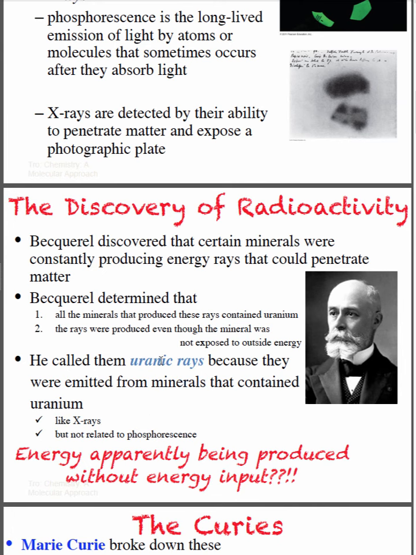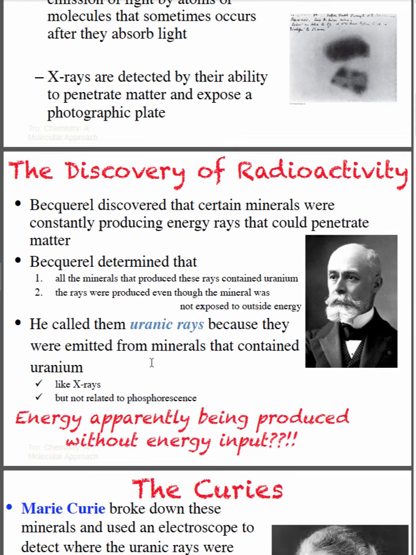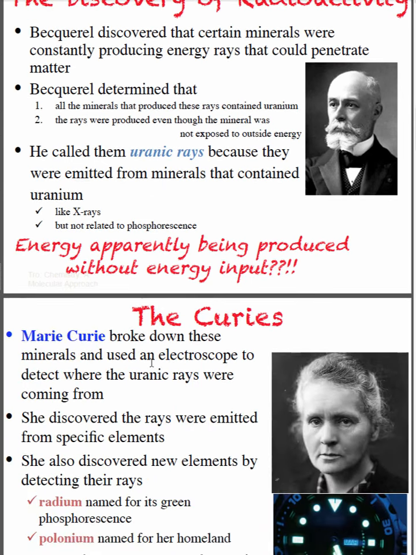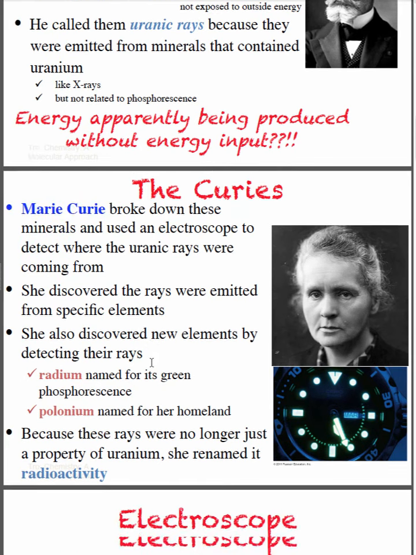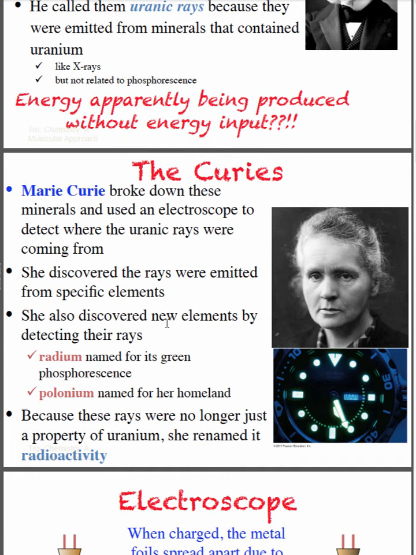This uranium-containing rock exposed photographic film and had other weird properties of giving off the radioactivity. Indeed, Marie and Henri Becquerel, super famous scientists, I think Marie Curie was the first to win 2 Nobel Prizes. Of course, the first woman to win a Nobel Prize for her studies in radioactivity and other things.